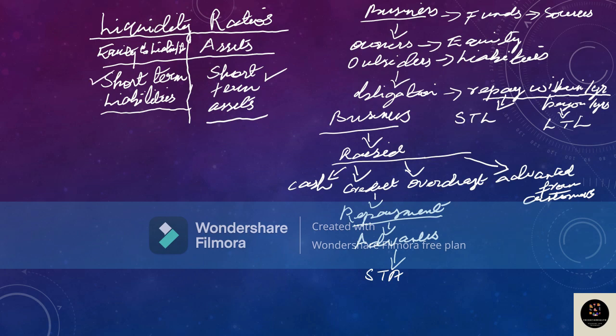Short-term liabilities is an obligation to repay within 1 year, and using the raised money, you create some assets. So those assets are called short-term assets.